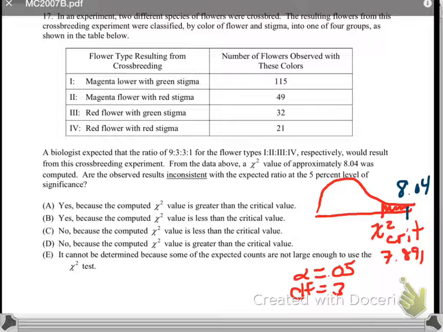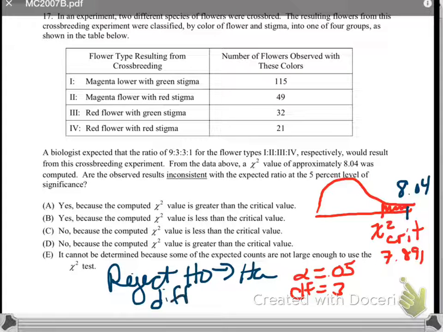Now remember, the small area is the rejection area. Sorry, I'm being ADD. So we are going to reject H0, which means we're going to go with HA. H0 is that the distributions are the same. HA is that the distributions are different, okay?